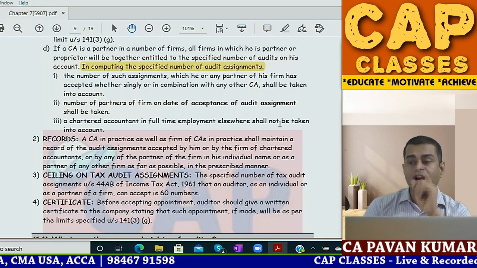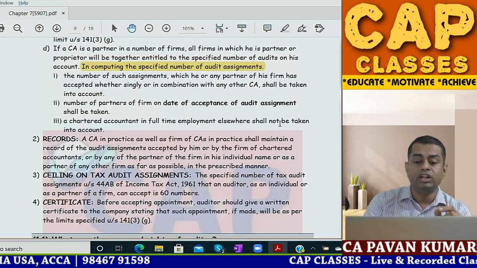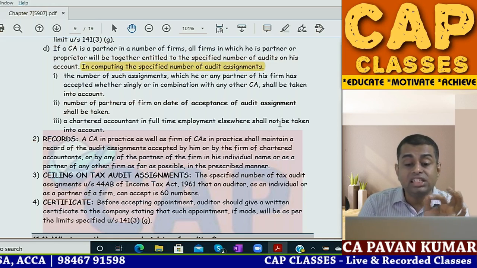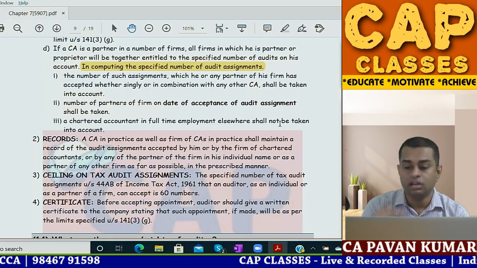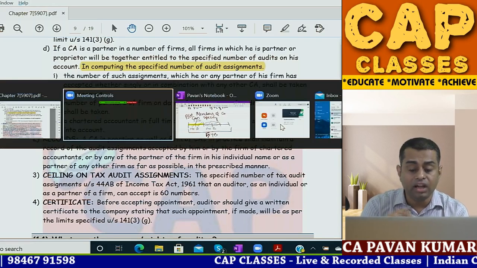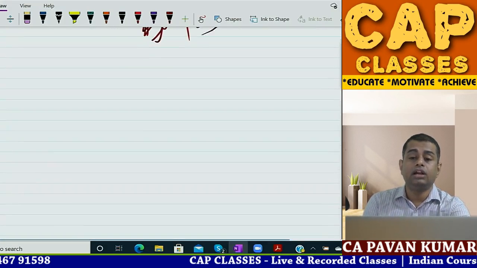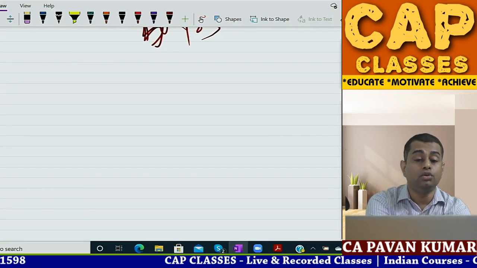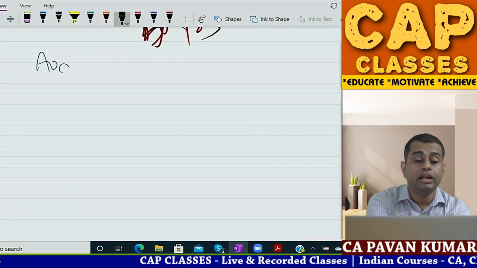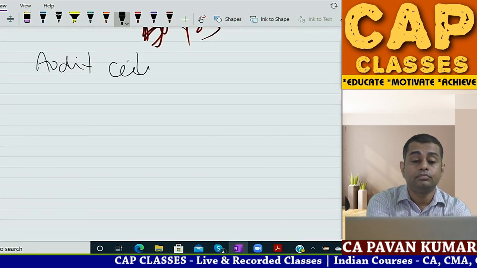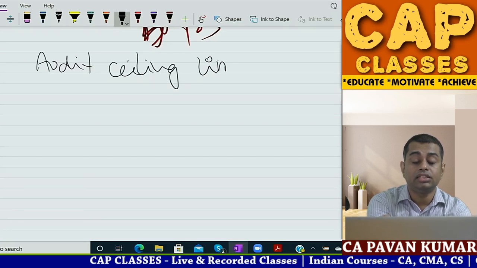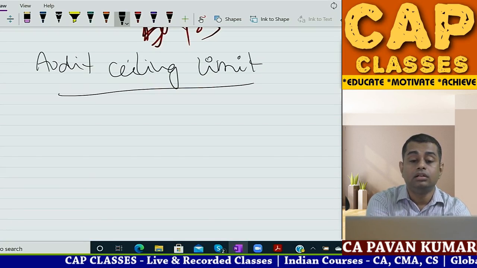Also write down in the notes, the above 20 shall not include, this is not given here, the audit ceiling limit of 20 audits.